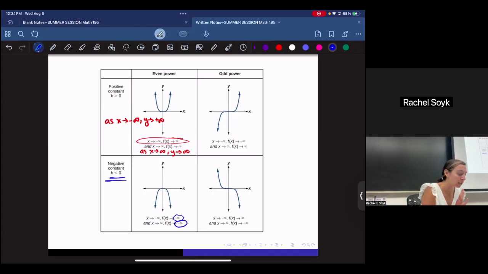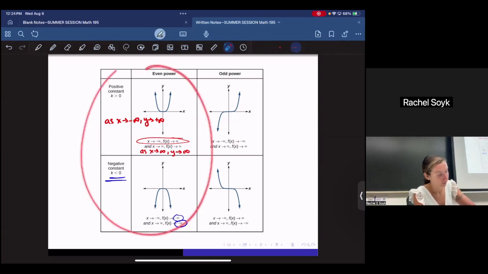We look at this solely from x squared because that's the easiest one to visualize. But this pattern works for any even degree polynomial. So that's why we call it even power.